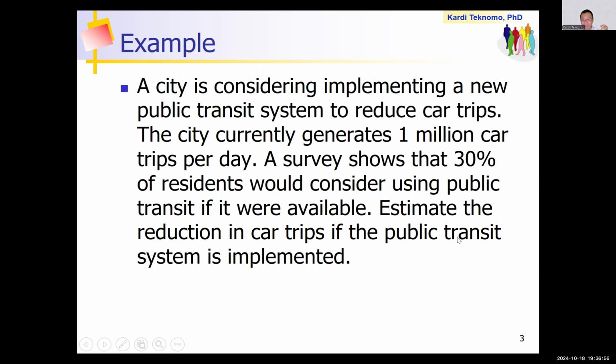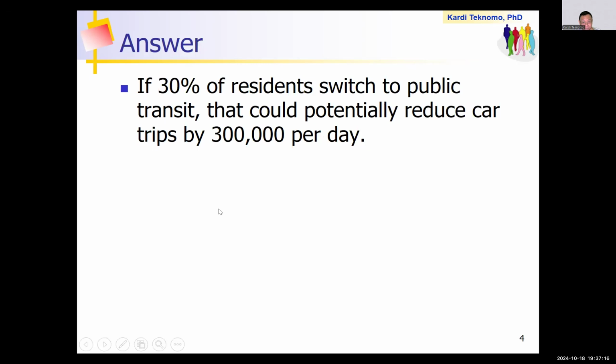The question is, how much is the reduction of car trips if this public transit system is implemented? Of course, 30% of 1 million is 300,000. So you can get 300,000 potential reduction in the car trips.